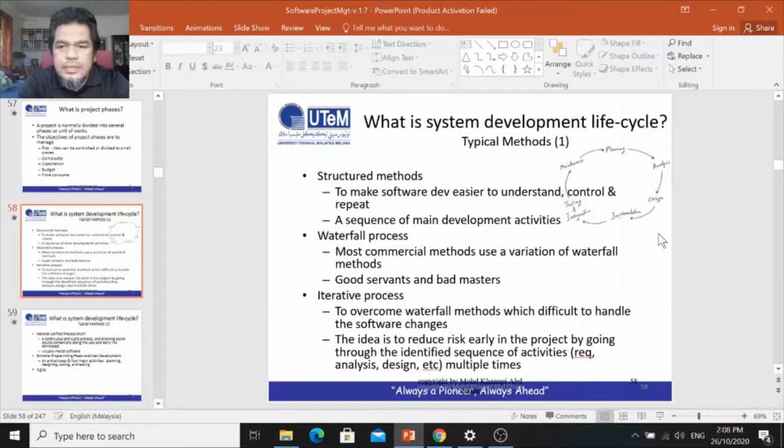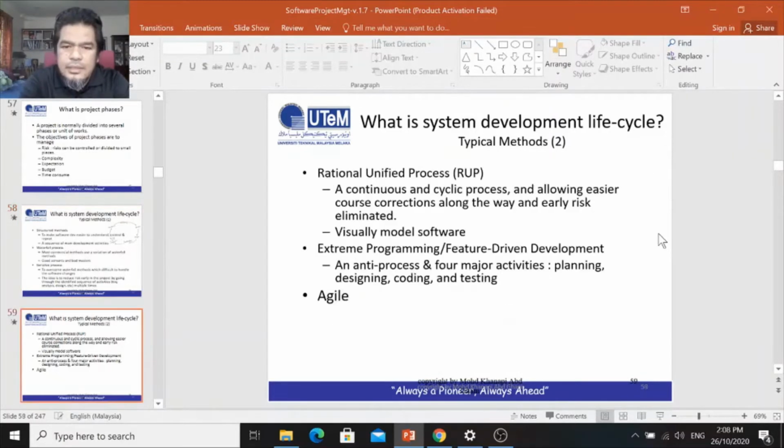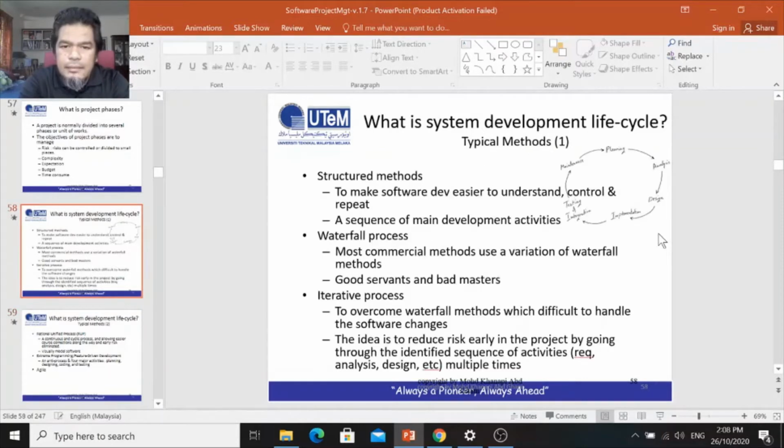The system development life cycle is the detailed approach for how you want to develop a system, a software. You can choose any type of methodology, whether waterfall, iterative process, rational unified process, extreme, or agile. This methodology helps facilitate how you develop the software project.